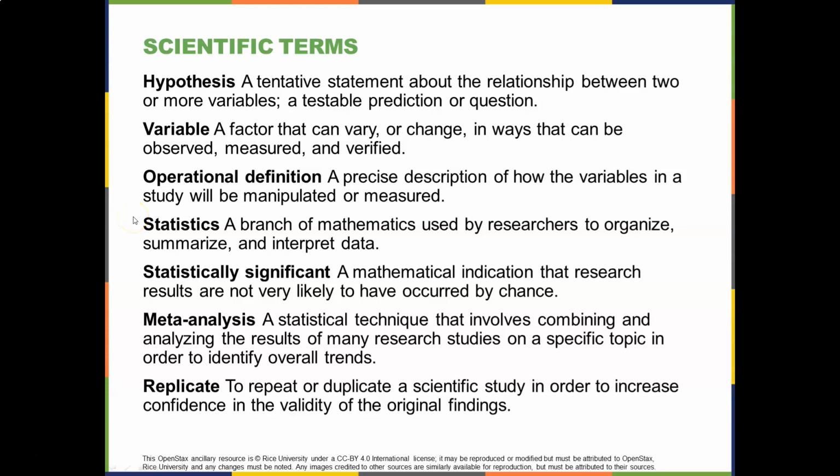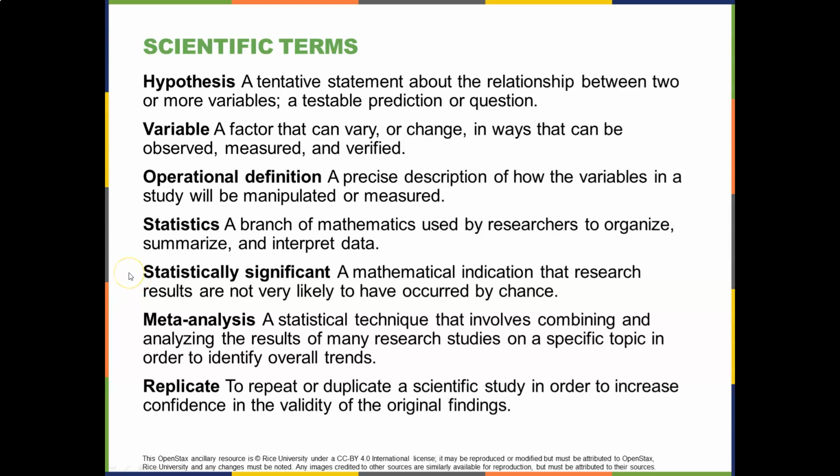Now, statistics refer to the type of math that is used by researchers to organize, summarize, and interpret their data, however you want to pronounce that. I say data, but either is fine. Okay. Now, statistically significant is another mathematical indication that tells how likely the results may have occurred by chance or may not have occurred by chance.